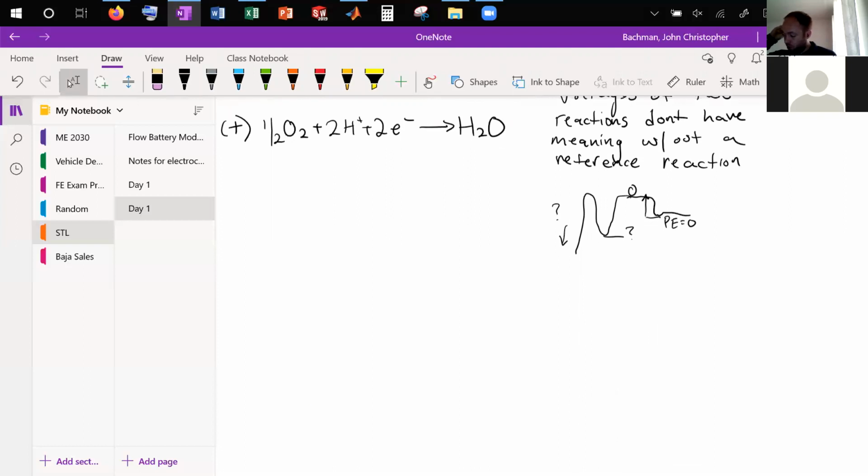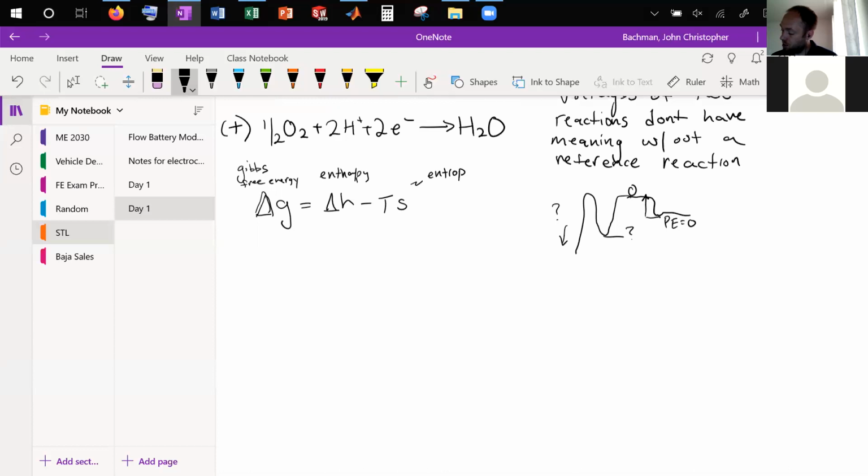Before we get into voltages, I need to talk a little bit about chemistry, right? For these reactions, we typically think about the change in Gibbs free energy. And it's equal to the change in enthalpy minus the product of temperature and entropy.